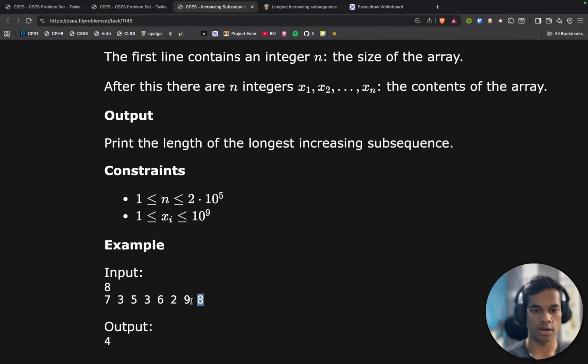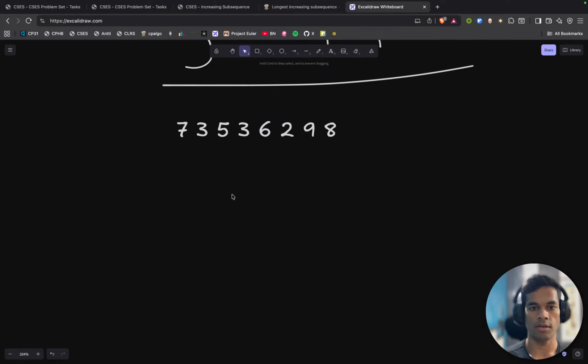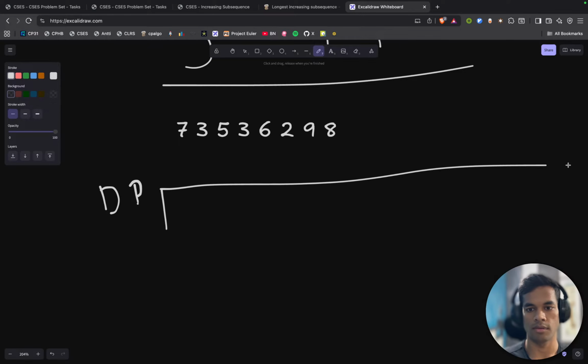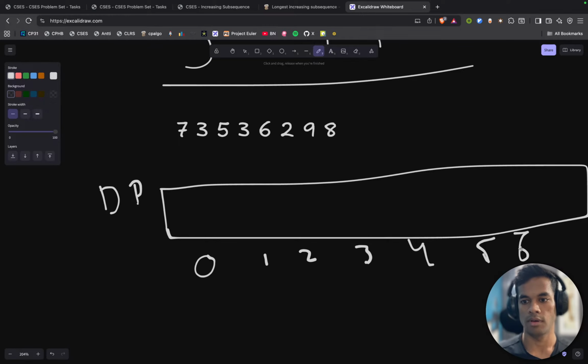Let's construct our own DP array with this. Let's say our DP array is this, and the length is 0, 1, 2, 3, 4, 5, 6, 7. How many are there? 1, 2, 3, 6, 7, 8.